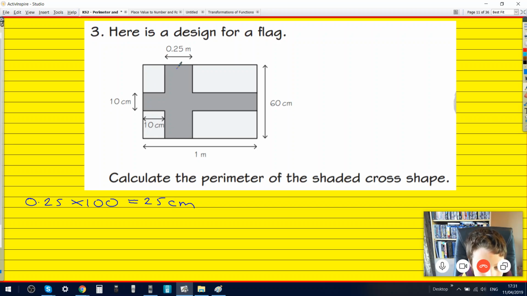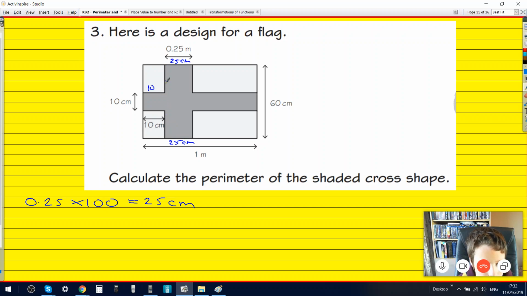We have a 10 centimeters in the middle, in the flag, and all of the shorter sides that are on the flag must be 10 centimeters. So the one above 10 centimeters is 10 centimeters.